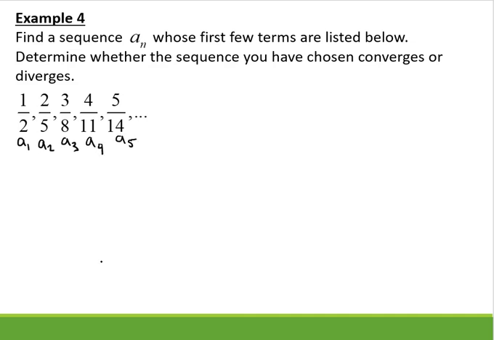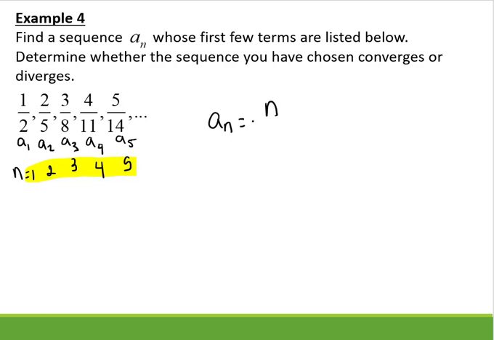So basically n equals 1, 2, 3, 4, 5. Try and find some relationship between those term numbers and the numbers in your sequence. That's the hardest part, and I remember struggling with these in school because I don't think I made that connection. So hopefully you're realizing that the numerator is the term number.